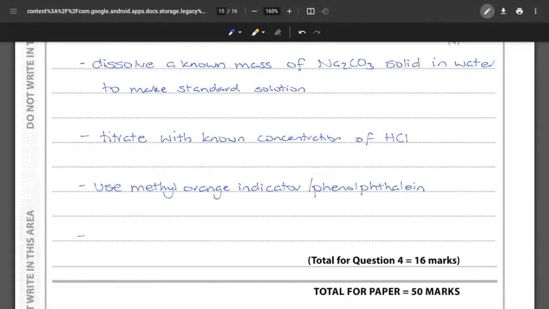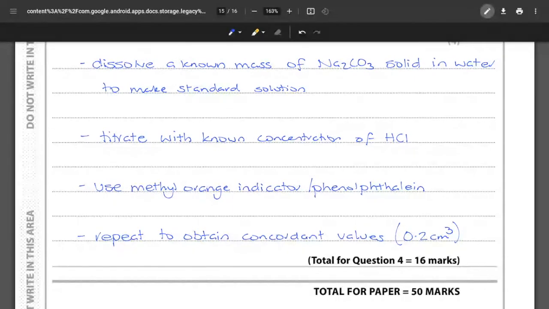And then, like every single titration, we are going to repeat to obtain concordant values. Every single time we must get concordant values, and that means that they are within 0.2 centimetres cubed of each other. So we have our standard solution of our sodium carbonate.